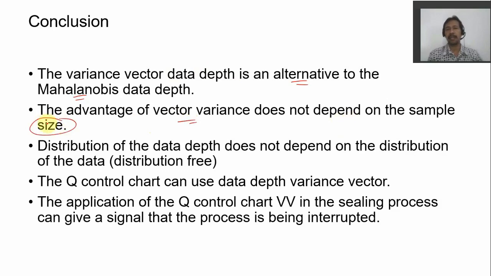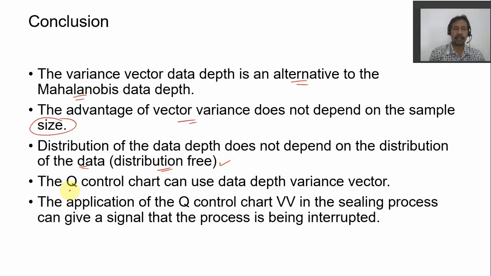This is the advantage of our method. And the distribution of data depth does not depend on the distribution of data, so our method is a distribution-free method. No assumption about the distribution of data is needed.